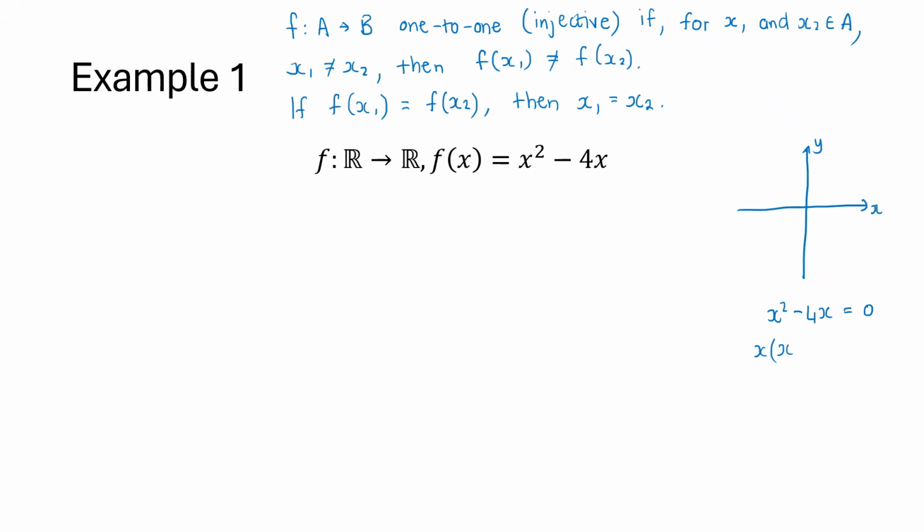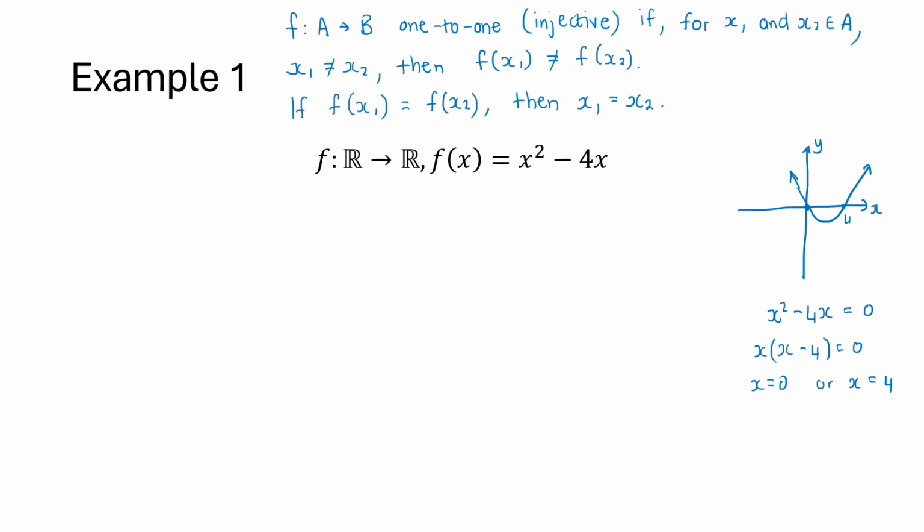We will have left x minus 4 equal to 0. So it cuts the x-axis at 0, and it cuts the x-axis at 4. So there we have our parabola. It's upward facing, so it looks something like this.